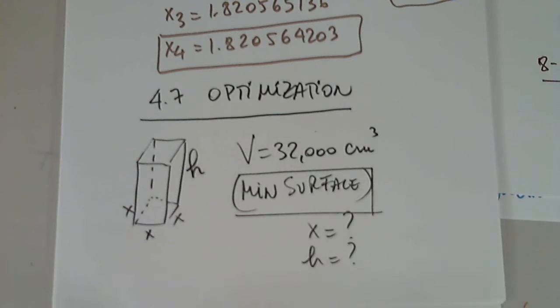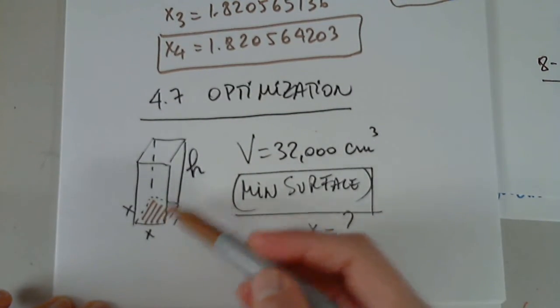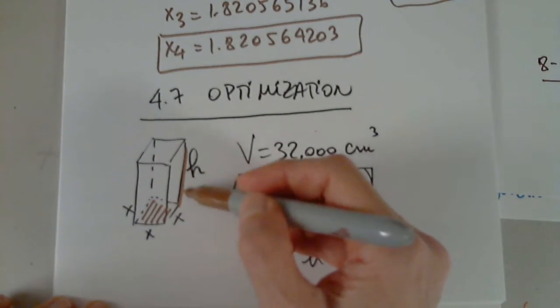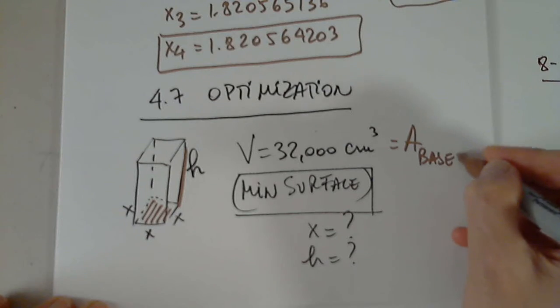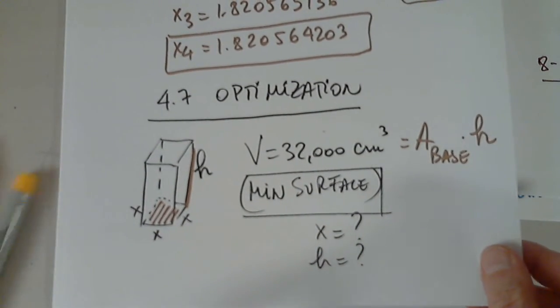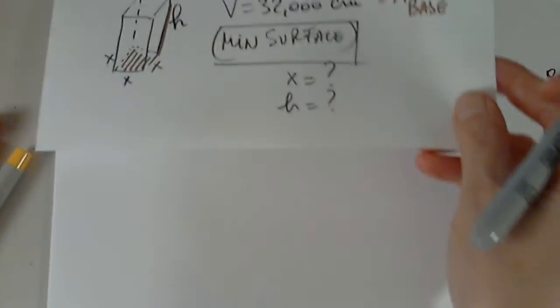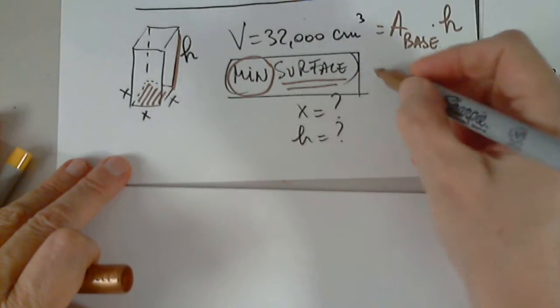So first of all, I look at the volume, and I know that the volume of such a box is area of the base times the height. In order to find a minimum, I need a function.